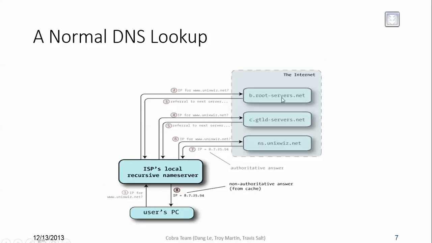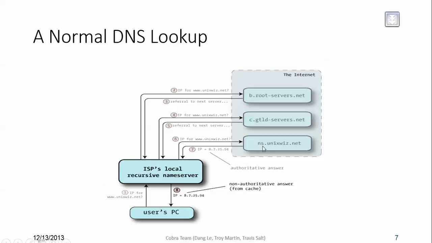The root server tries to find the answer and replies to the name server with a referral to the next server, the gtld server for .net. The gtld server doesn't hold that domain, so it refers to the next server, for the domain www.